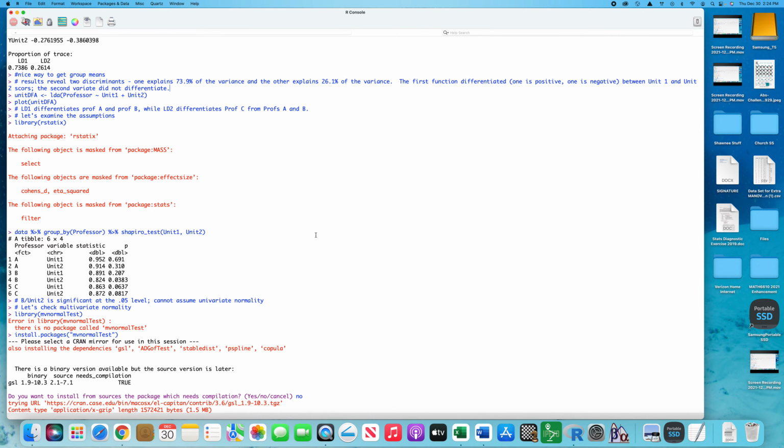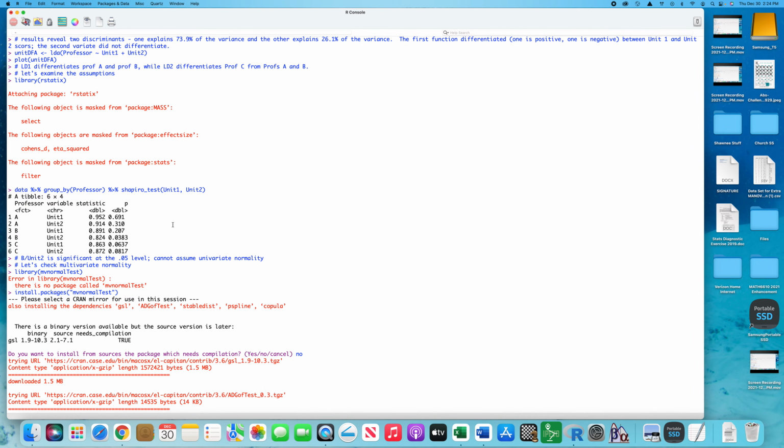Okay, let's move into the assumptions, things that we should be able to relate to. So the first assumption that I'm going to test is the univariate normality, and I run it using the Shapiro test.